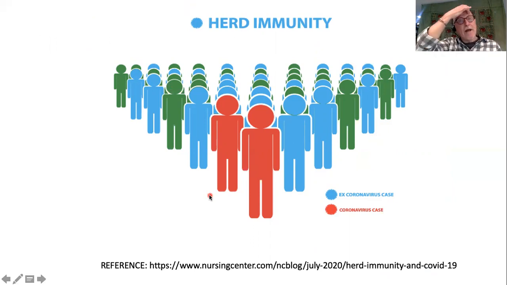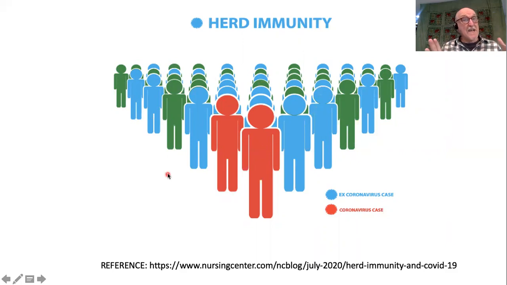So this diagram is a diagram of how they had hoped herd immunity would work for COVID-19, that we have people who are infected. But if we've had many people in the population who have had COVID and are now immune, then the disease can't spread to the few vulnerable people who haven't had it.